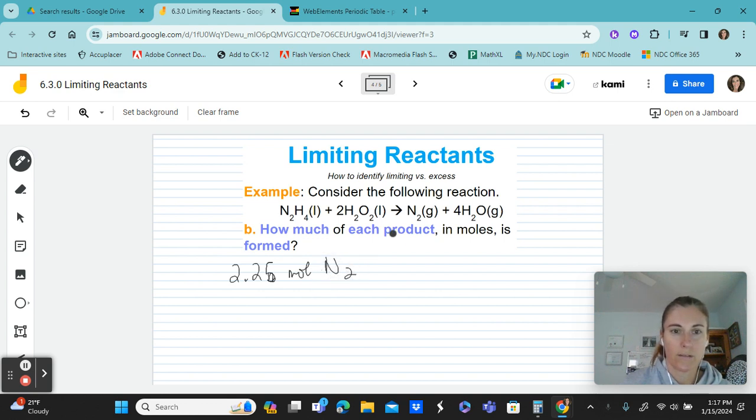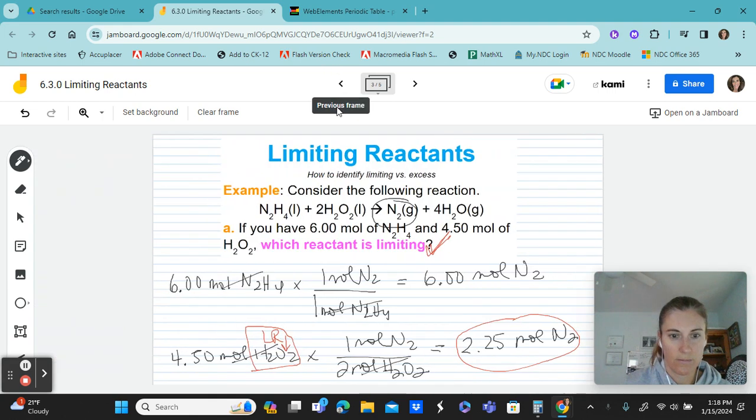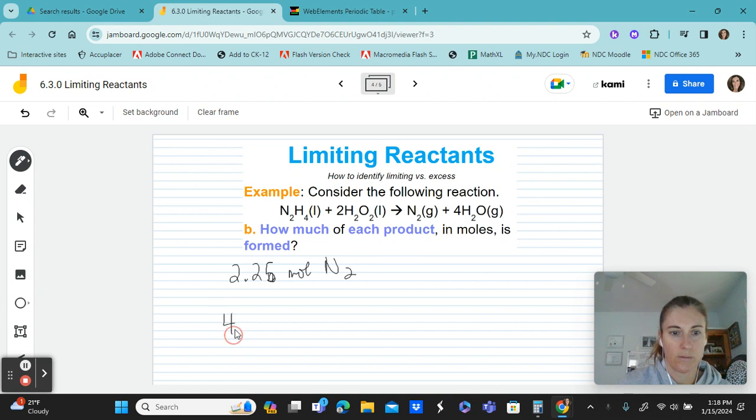What I'm going to do is take my H2O2, my 4.50 moles of H2O2, and solve for water now because I already solved for the other one with that previous calculation. So 2 moles of H2O2 and 4 moles of water is on top.